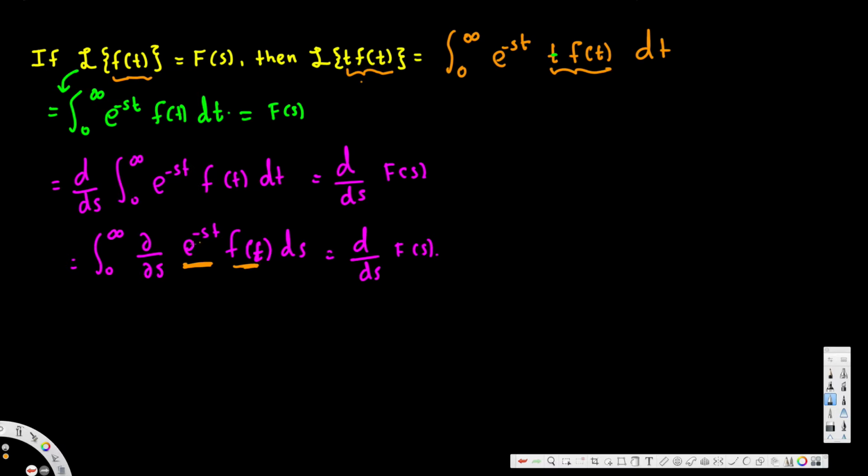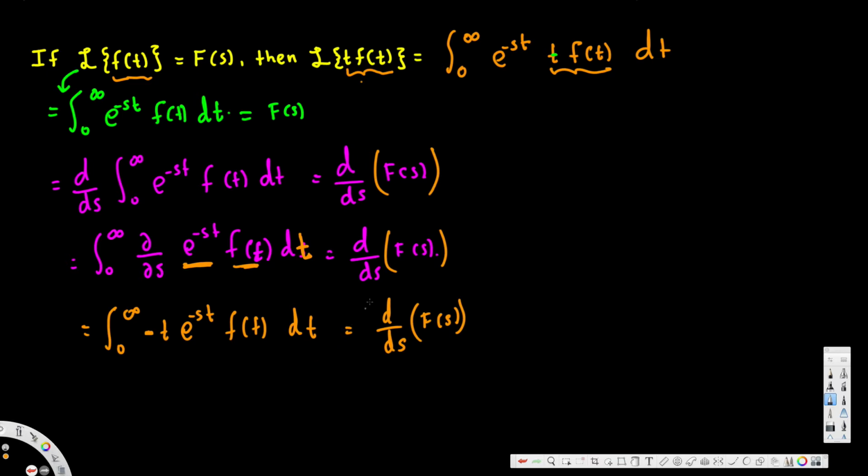If we differentiate this one, we end up with 0 to infinity, and here we will have negative t multiplied by e power negative st, and f of t remains the same, dt, and on the other side we will have d by ds F of s. Let's put a bracket like this.